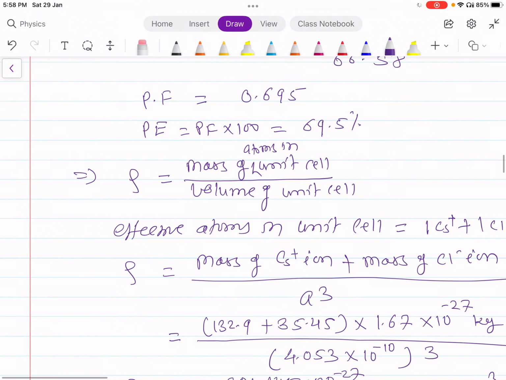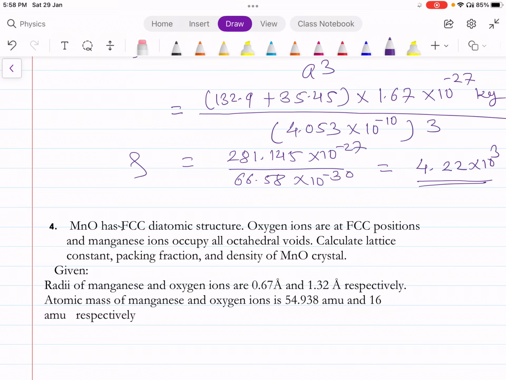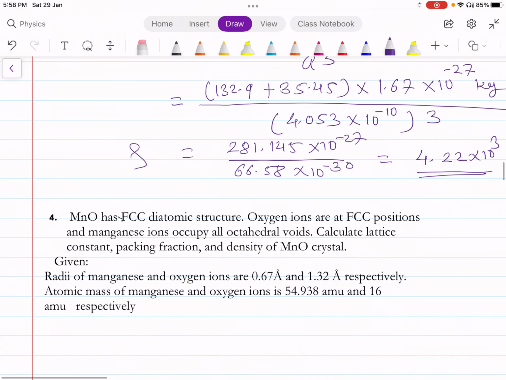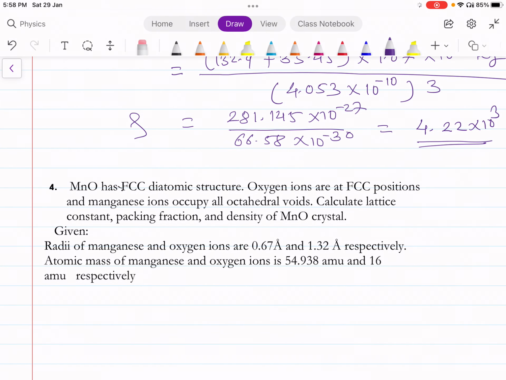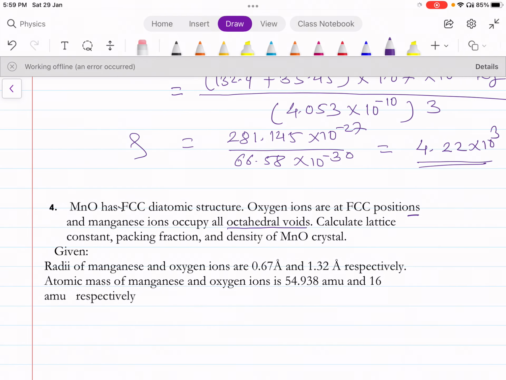Then our fourth problem is based on FCC diatomic structure, NaCl type. The material is MnO, manganese oxide, which has FCC diatomic structure. Here it is written that oxygen ions are at FCC positions, and manganese ions are occupying all octahedral sites.